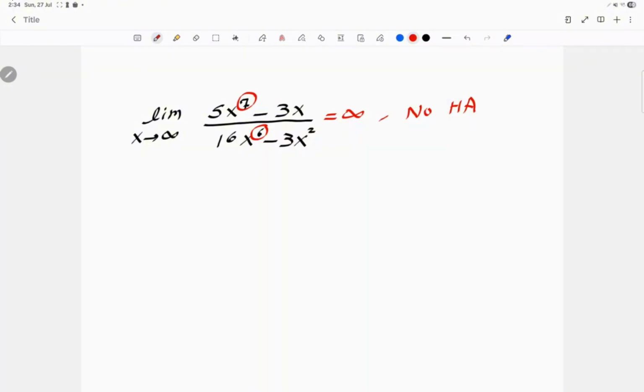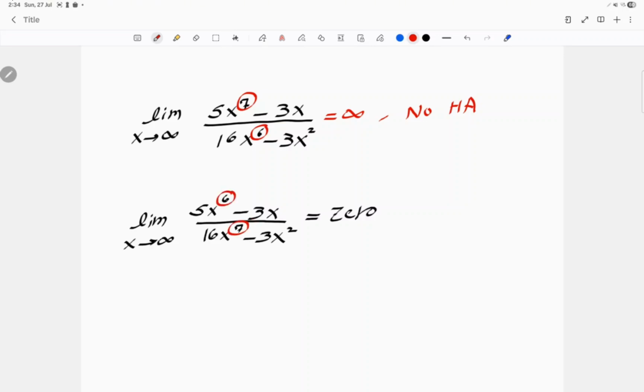Let's do another one. How about this one? 0. Yes, because the bigger power of the x happens to be in the bottom of the function. So you get 0. The bigger power is 7. Here it's 6. Bigger on the bottom, you get 0. You guys get the idea.